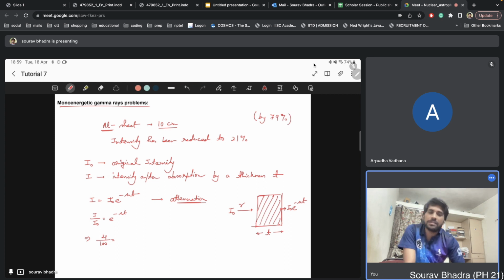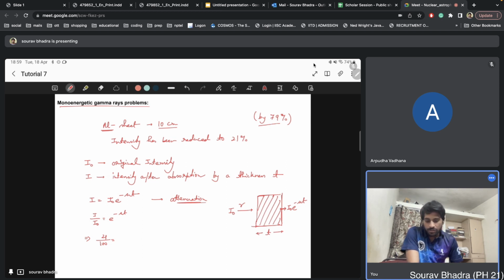That was my mistake. You can do it by 21% also, but in my rough sheet I have done it this way. That means 79% of the gamma rays have been absorbed and 21% have been detected, that is, come out of the material. So pardon me for that. It is not reduced by 21%.